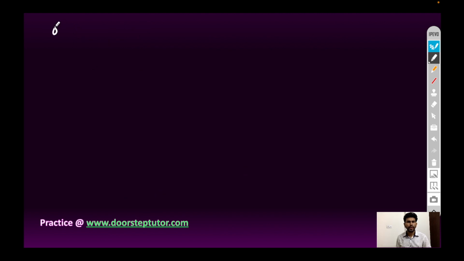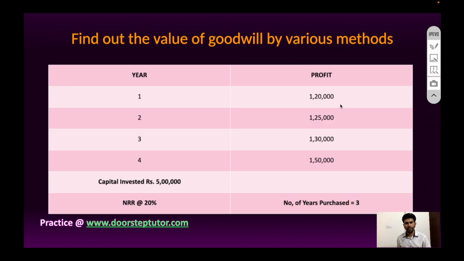Now we will calculate goodwill under annuity method. Normal rate of return is 20%. We will assume that the interest rate is 20% and goodwill is calculated for 3 years.